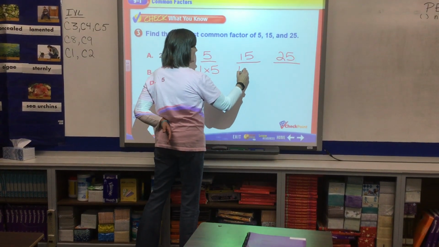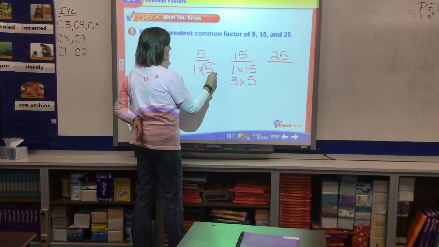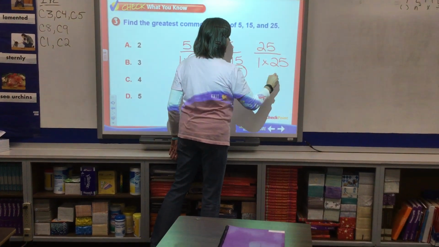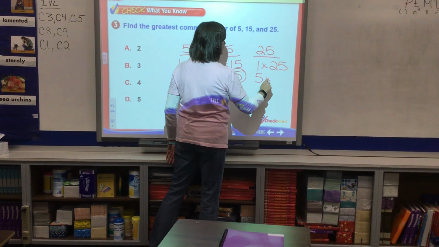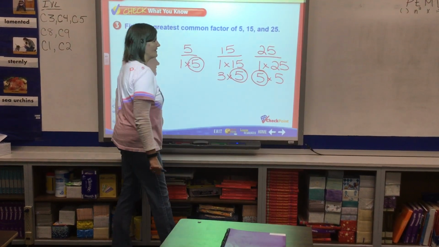15, we've talked about this number a couple of times. That also has 5 as a factor. And then we know 25 does also, besides 1 times 25, it also has 5 times 5, and so that is going to be a common factor also.